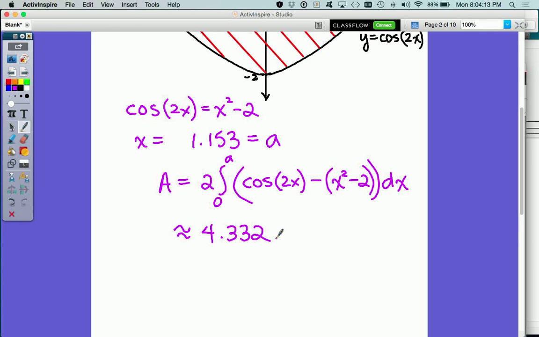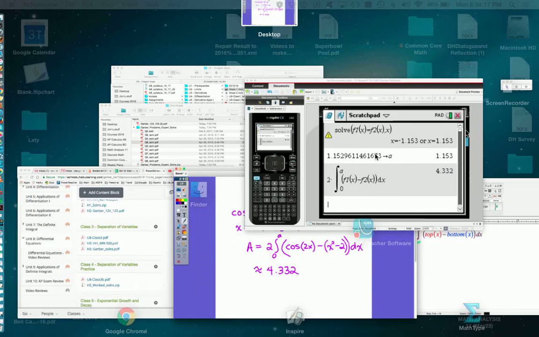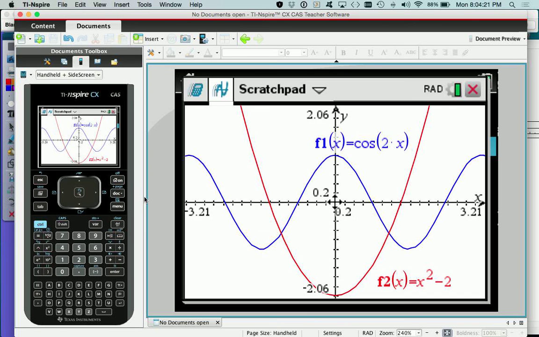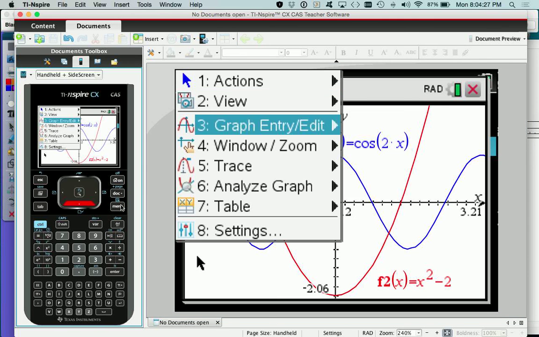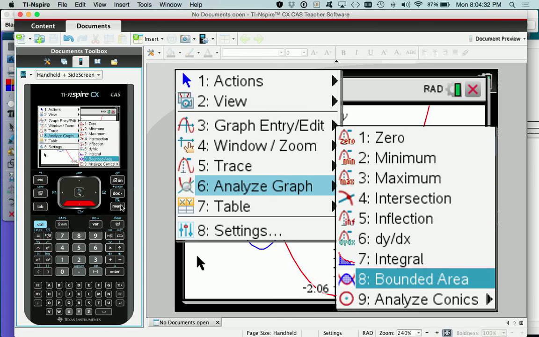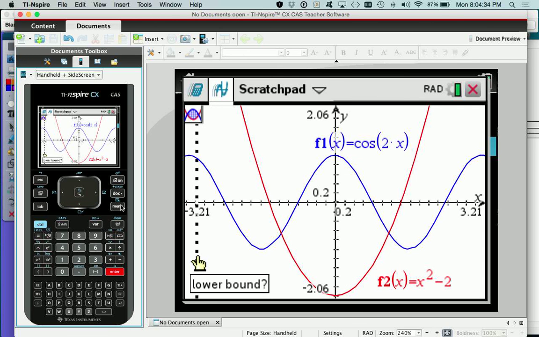Now what I want to do is check my answer. So I go back to the calculator again, and I can go back to my graph screen, and I want to ask the calculator to tell me what this area is. So you remember how to do that. We go up here to menu, and we're going to analyze this graph, and we want the bounded area, so we get down to 8, and we want the bounded area from my lower bound.